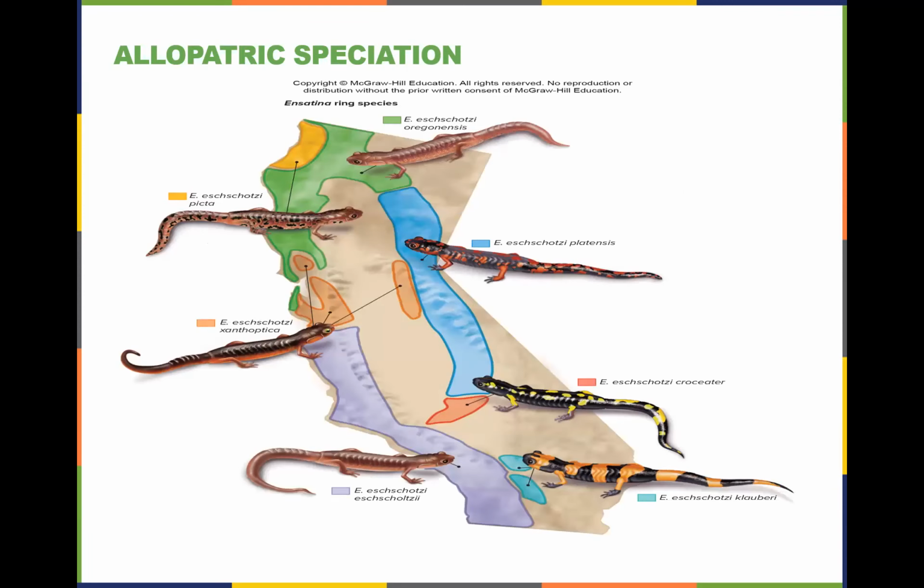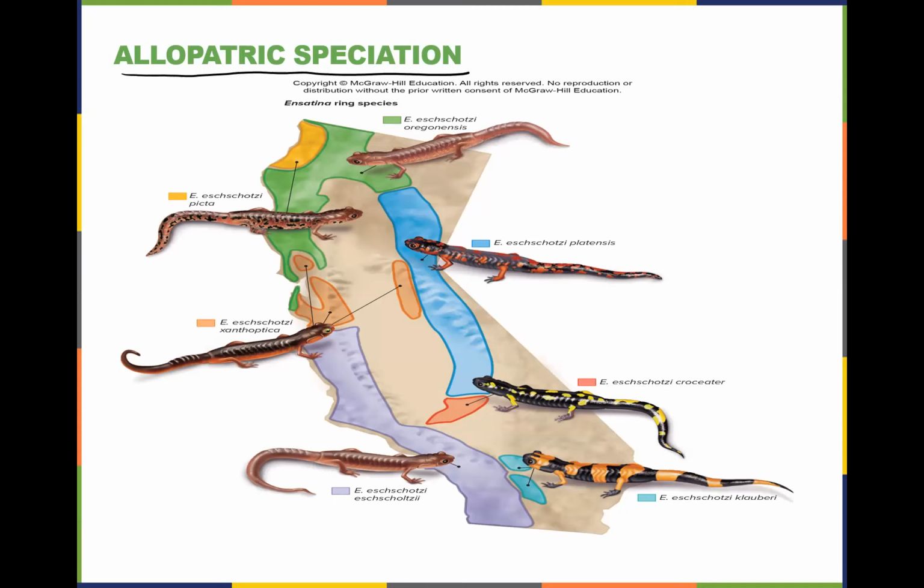This is again an example of allopatric speciation, different geographical area. As you see over here, there are several types of salamanders. They became different species due to their different places of living. Some of them, for example, live in the mountain area. Some of them live in the desert area. It causes them to be adapted to those different conditions, and finally they evolve into different species.